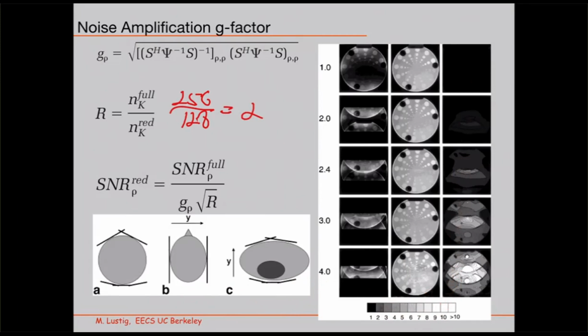More than a factor of 10 means that you amplify your noise by a factor of 10. In order to buy back that SNR, you'll need to average 100 times. Basically, it's useless. So any G factor above 2 is pretty much a no-go, unless your SNR is super high. Does that make sense? Any questions?